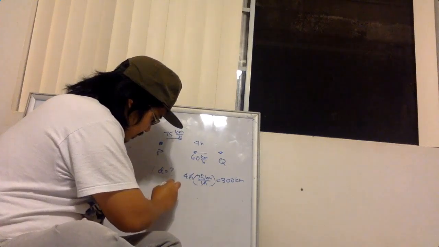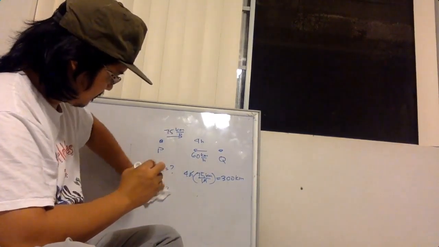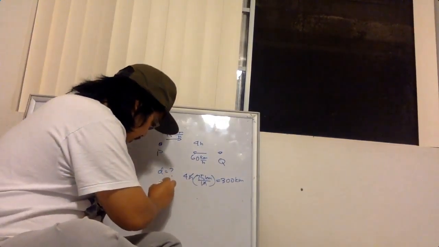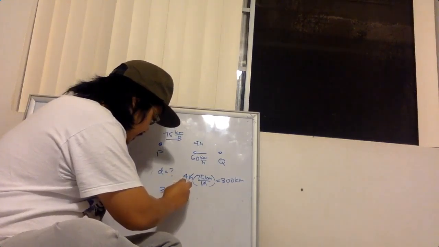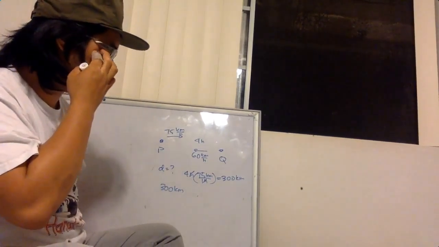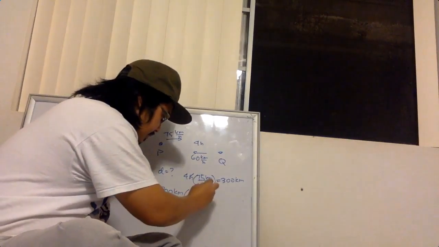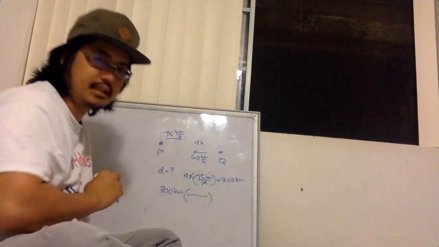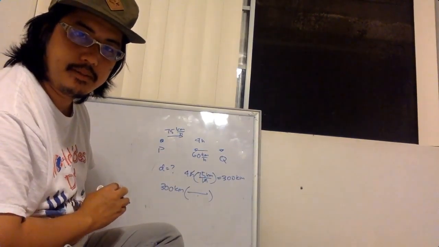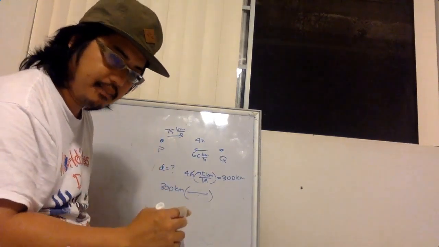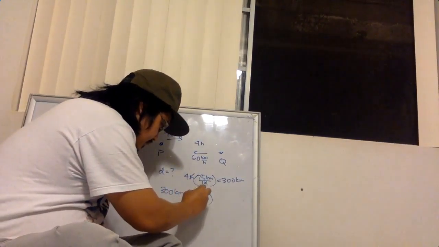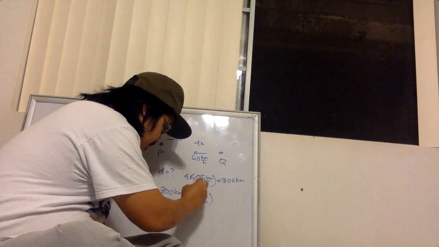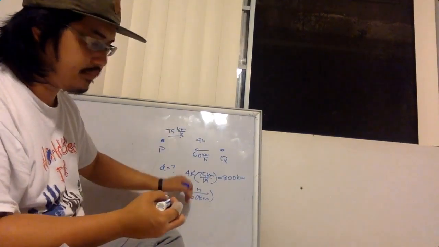Let's start there. 300 kilometers. And I want to figure out how long it takes. Now this time I'm going to multiply by this ratio, 60 km over 1 h. But I'm going to put the 60 on the bottom. 60 km on the bottom, 1 h on top.